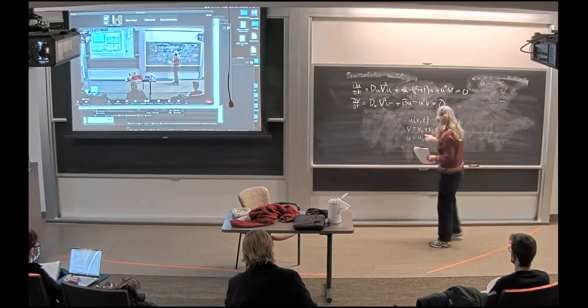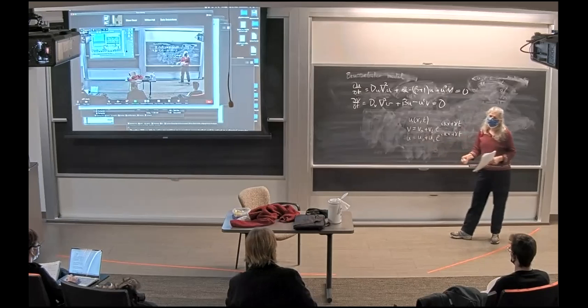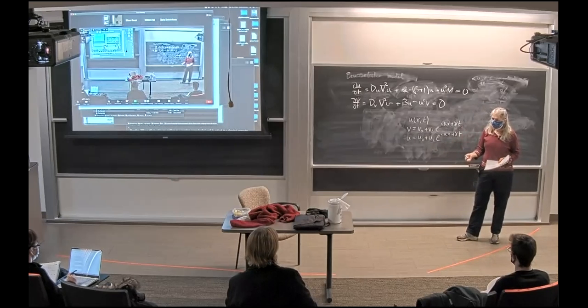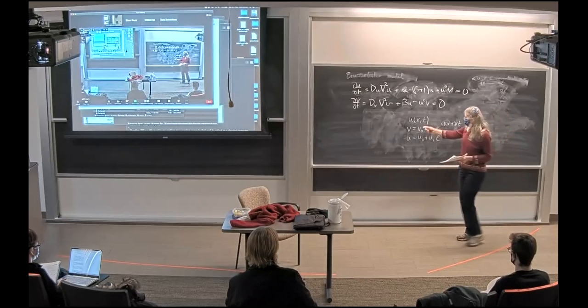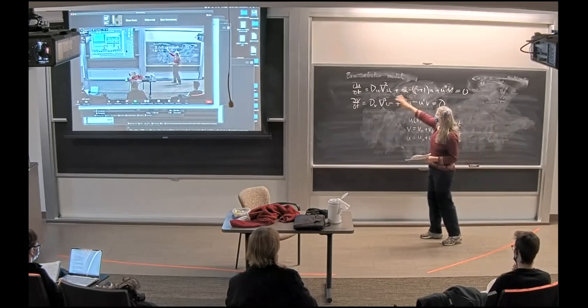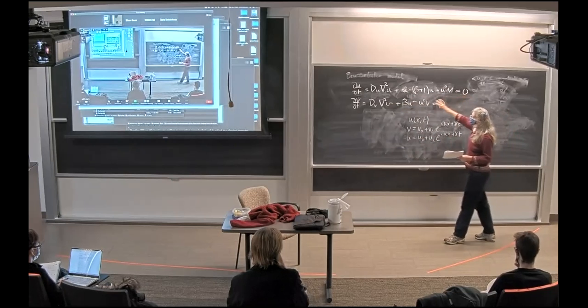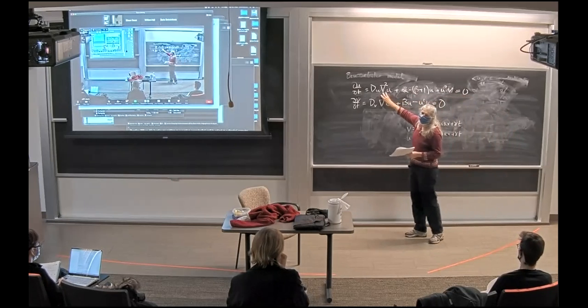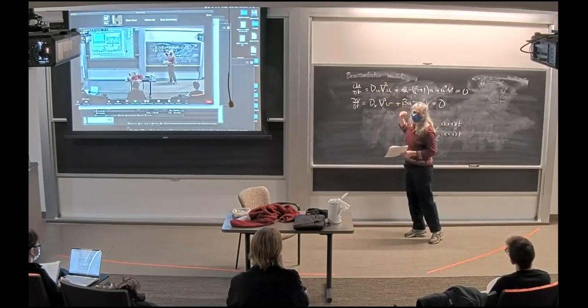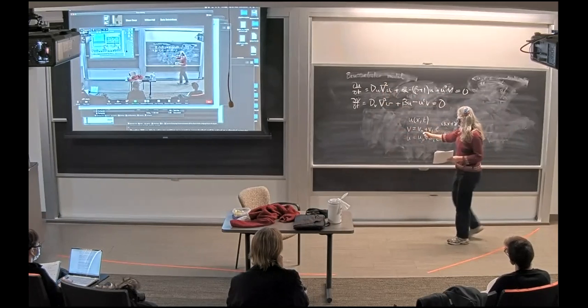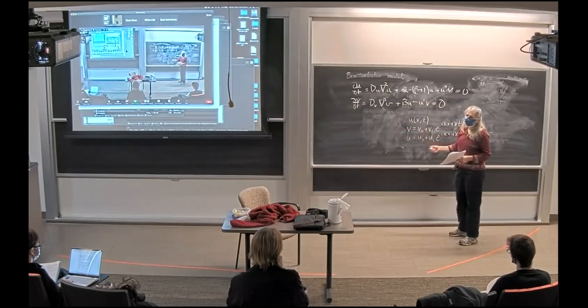But these we're going to assume are steady, so they don't depend on time, and if they don't depend on time, in order for the u dt to be 0, they also don't depend on space. So they're constant everywhere, so this term drops out. So u0 and v0 are independent of time and space.